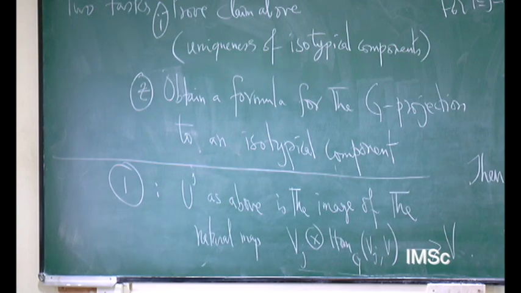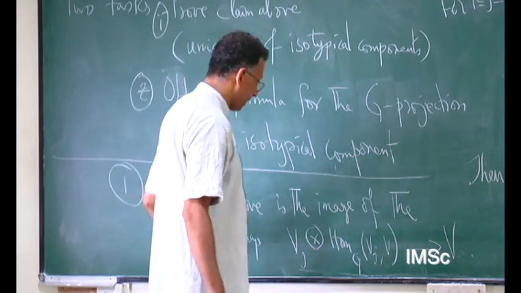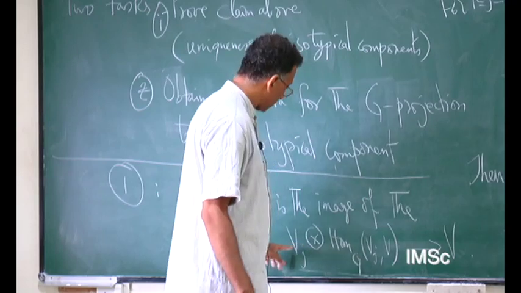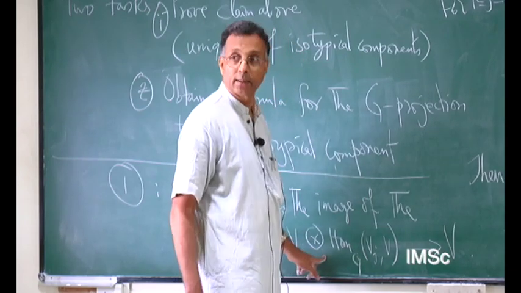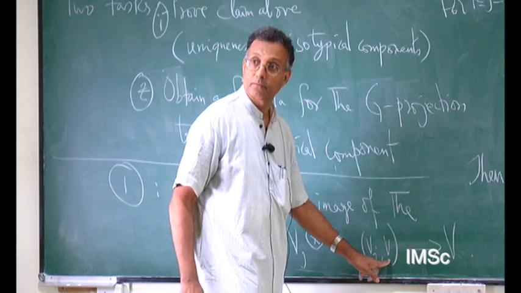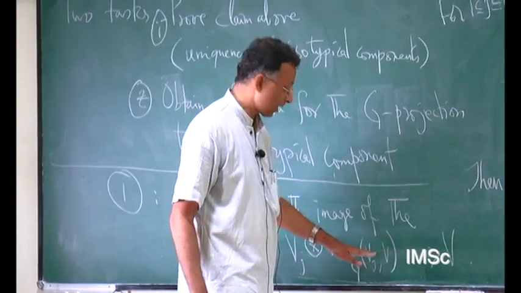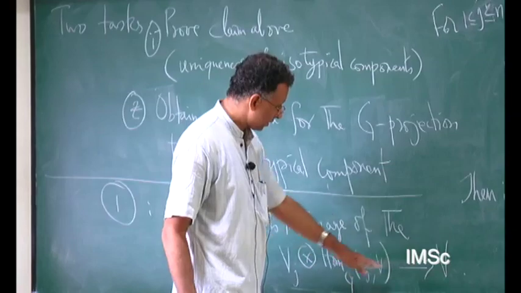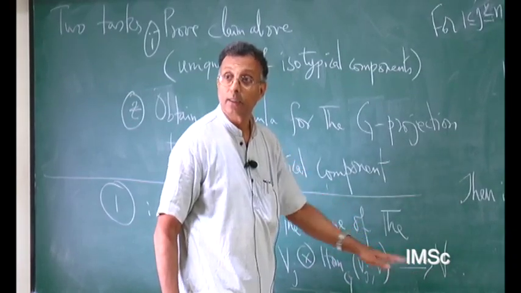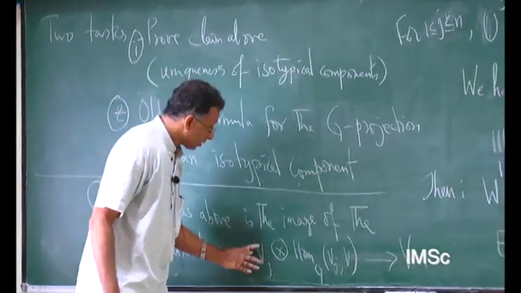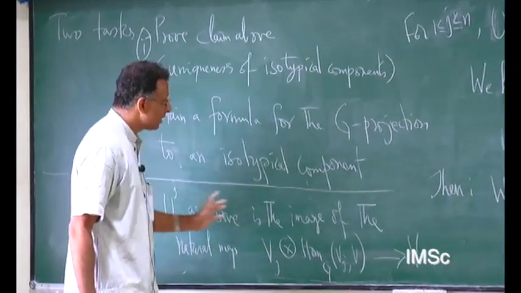So what I am claiming is, look at this. I am taking Vj tensor Hom as G modules from Vj to V. This is a vector space. There is a natural map from it to V. I am claiming Uj is the image of this.